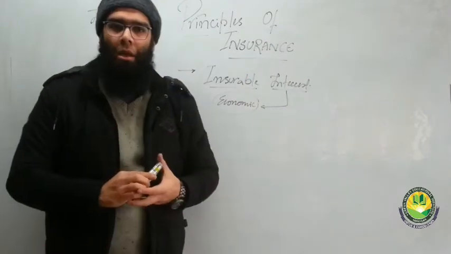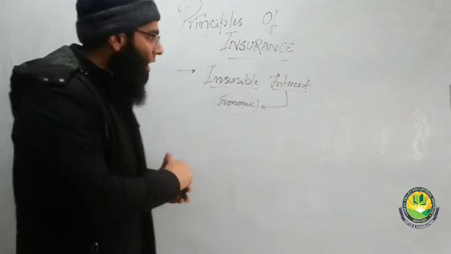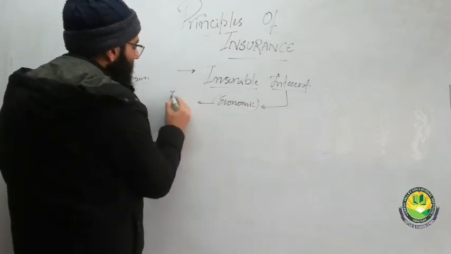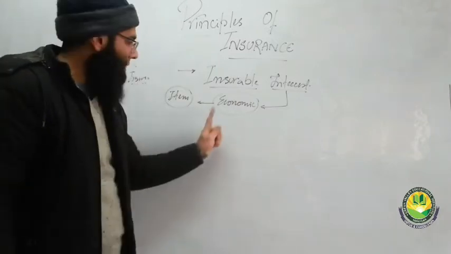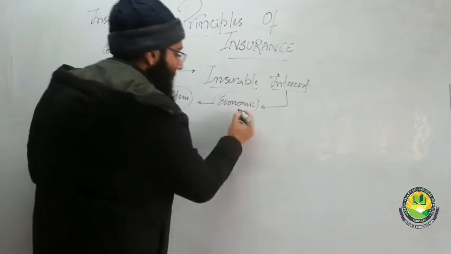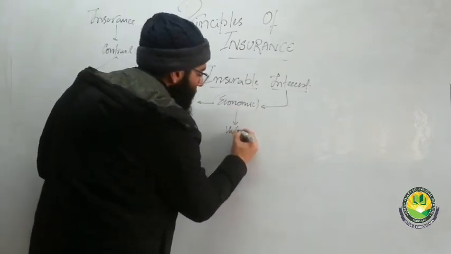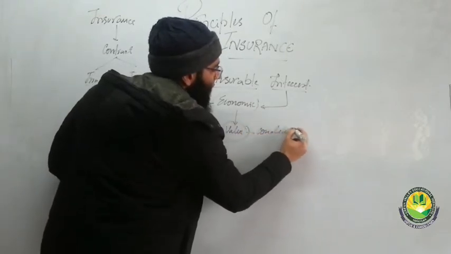And what do we mean by this economic interest? It means that if something happens to that particular item or object, if it gets damaged, his economic viability will decrease, or we can say his economic value and condition will deteriorate.